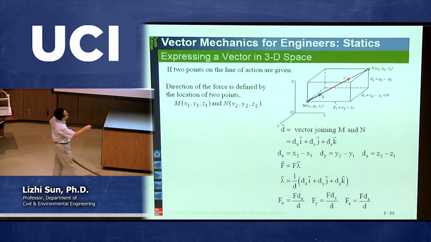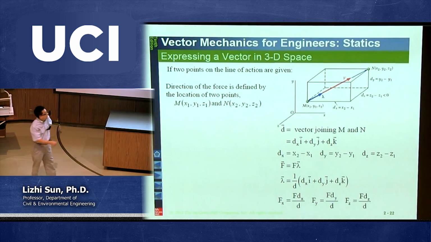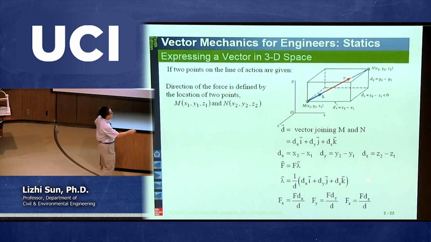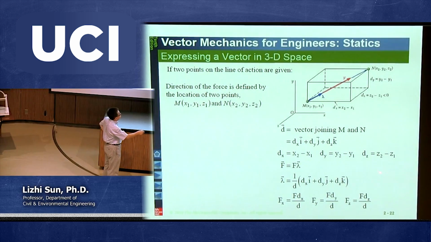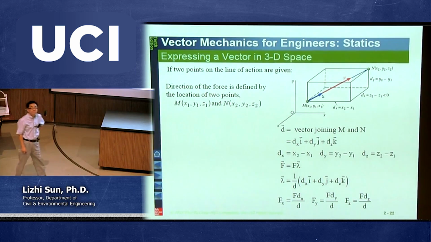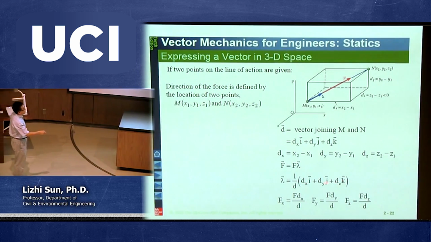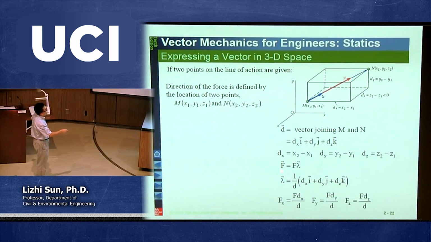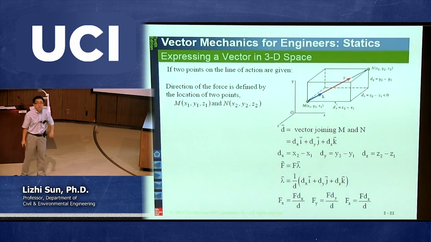You have dx squared plus dy squared plus dz squared, and then the square root. That's the distance formula in three-dimensional geometry. I did not write this d, I just forgot. So d equals the square root of dx squared plus dy squared plus dz squared. Through this process, we finally identify lambda, the unit vector.